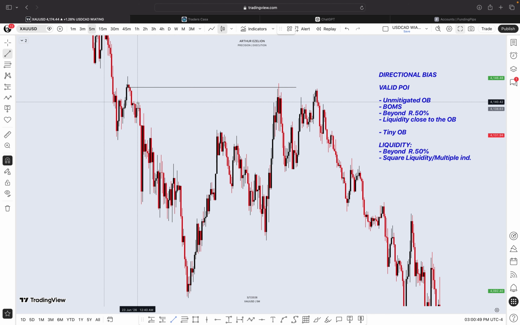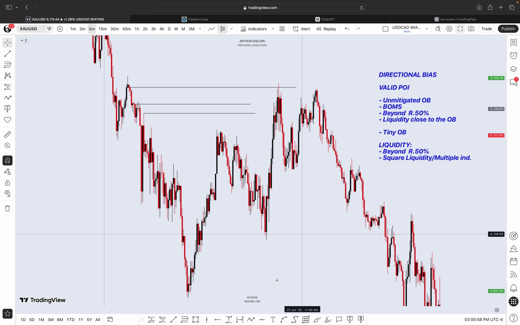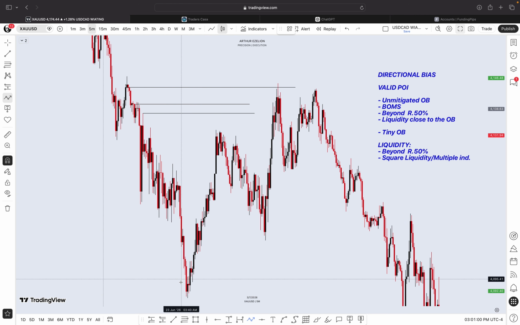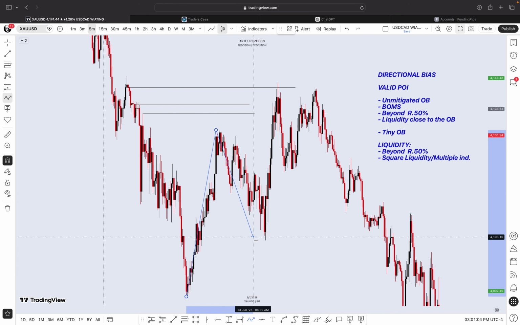You can see this liquidity was right here, and also this liquidity coupled with this one. So it's like a pile of liquidity. And when I noticed what price was doing, price was forming minor structures to the upside. So when price came up to this place, it kind of blows this. You can see higher high, higher low, higher high.